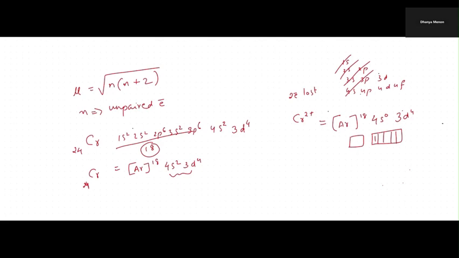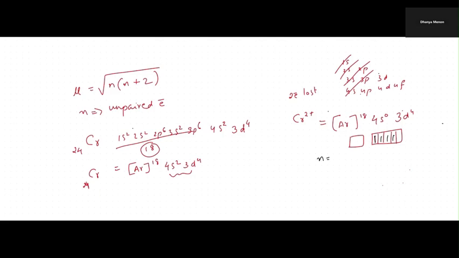First, we follow Hund's rule that they remain unpaired; pairing will come only later when they have more electrons. So it is unpaired. How many unpaired electrons are there? n is equal to 4.